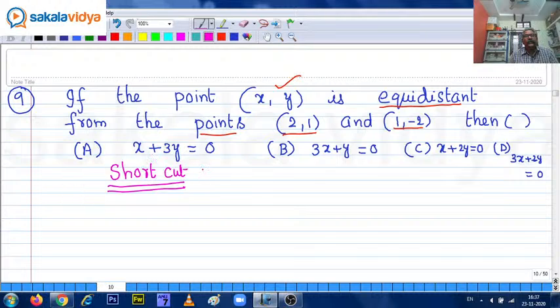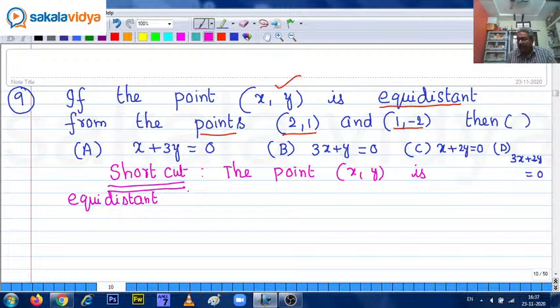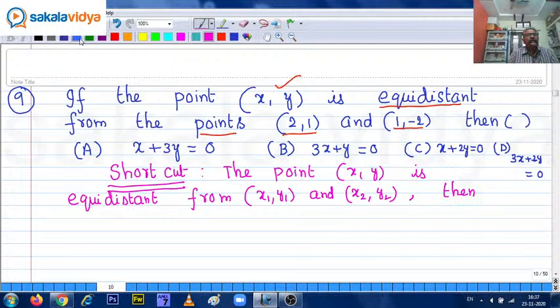Write down: the point (x, y) is equidistant from, say, (x1, y1) and (x2, y2), then, remember this shortcut.